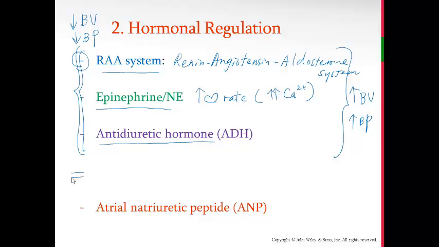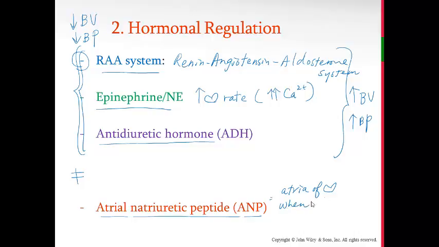Now, what's different from them is atrial natriuretic peptide. This is a hormone synthesized from the atria of the heart. Okay. So it works differently from the other three on the top. So this works when you have high blood pressure and you want to lower it.